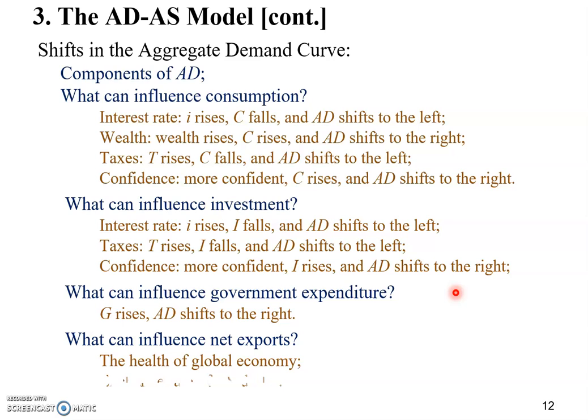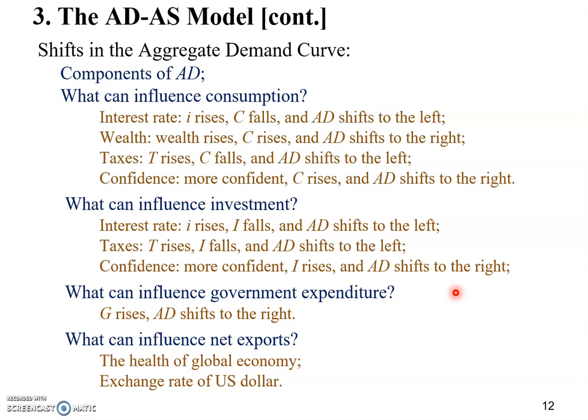Okay. And another important factor is the exchange rate of the U.S. dollar, okay, against other currencies. Now, if the U.S. dollar is pretty strong, that means the U.S.-made goods and services are going to be more expensive on global market, so we're going to have less export. Okay, so the AD would shift to the left.